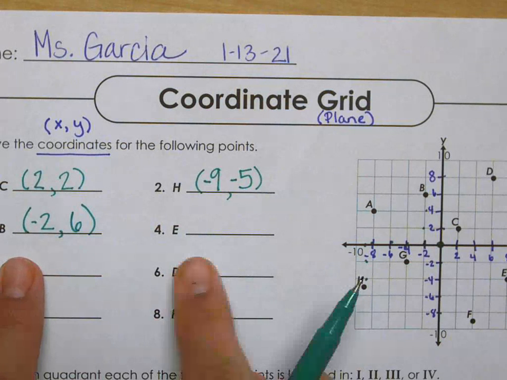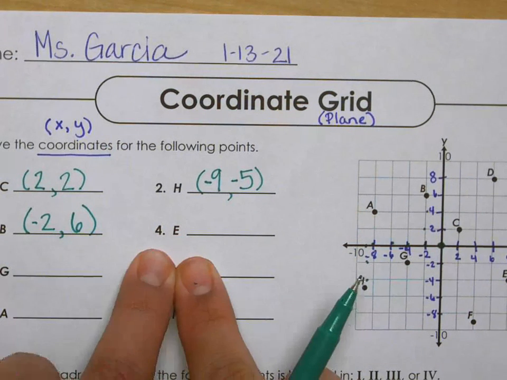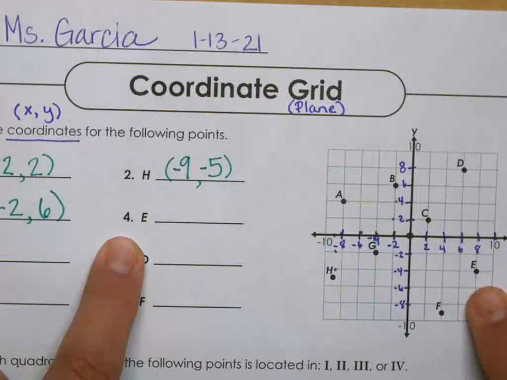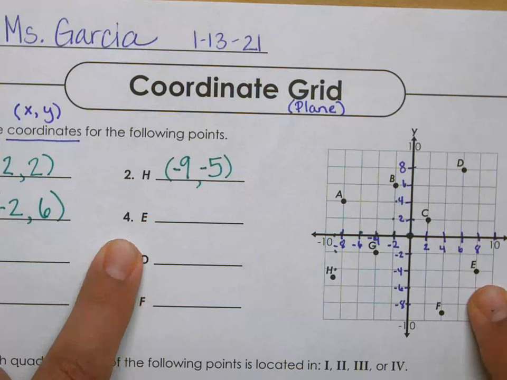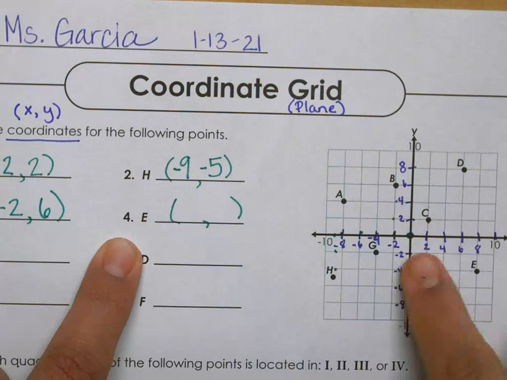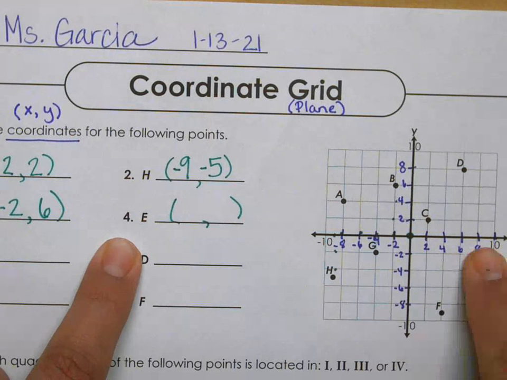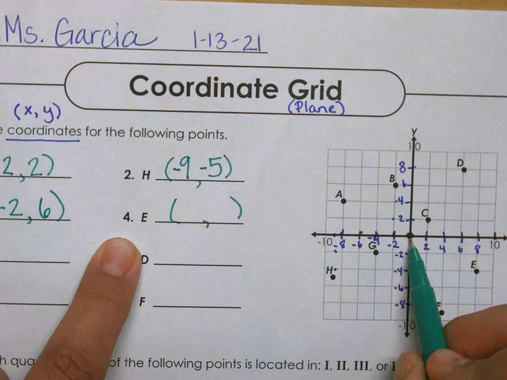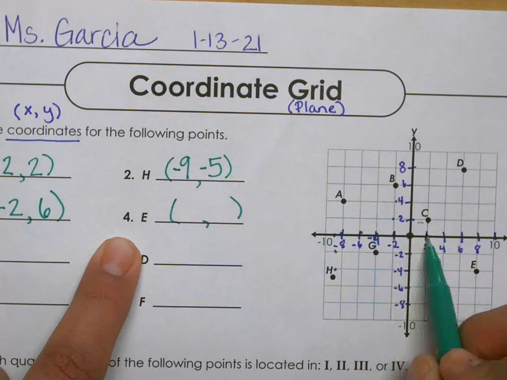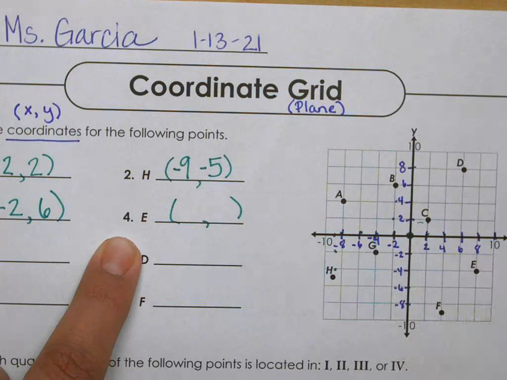Okay, one more here. Number 4, we have E. E is down here over in quadrant 4. So we're going to start with our x-axis first. I see I'm going to the right, so I know that my number is going to be positive. Starting at the origin in the middle, I'm going to line up with E. So I'm going to jump 2, 4, 6, 8.